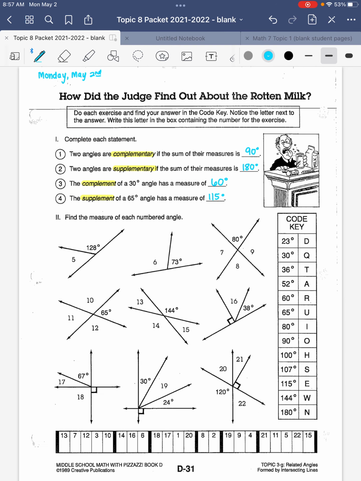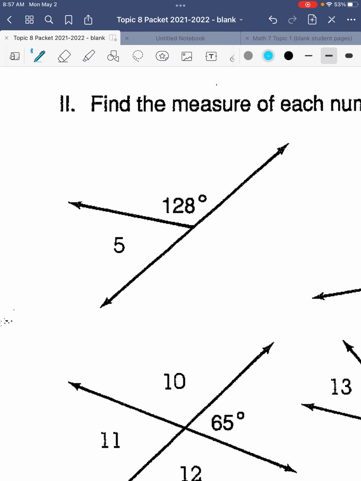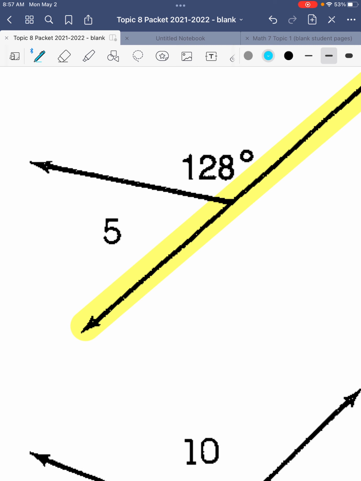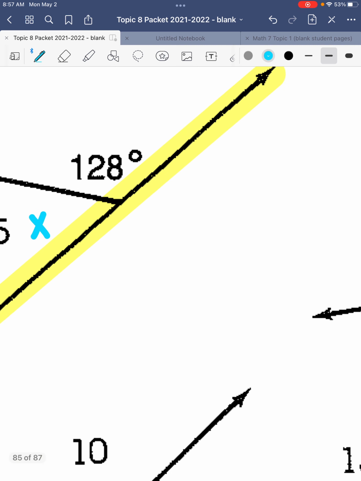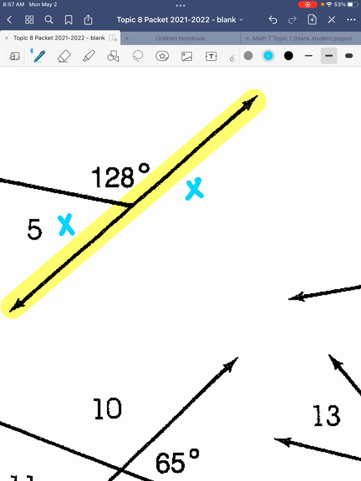So x equals 115 degrees. Now part 2, it says find the measure of each numbered angle. So I'm going to find this angle right here for number 5. What I notice about these two angles is they form this straight line together. And when two angles form a straight line together, I know they add up to 180 degrees. So I'm going to call this one x and write an equation: x plus 128 equals 180 degrees.